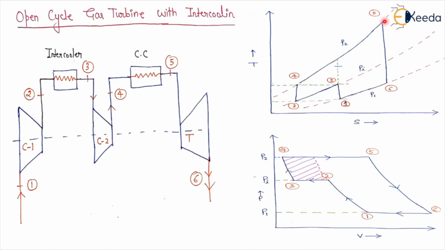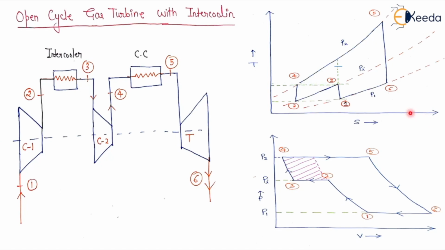Now air is at point number 5. This high pressure, high temperature air will be sent to the turbine, where it expands. After the expansion, the temperature and pressure of the gas will reduce at point number 6.